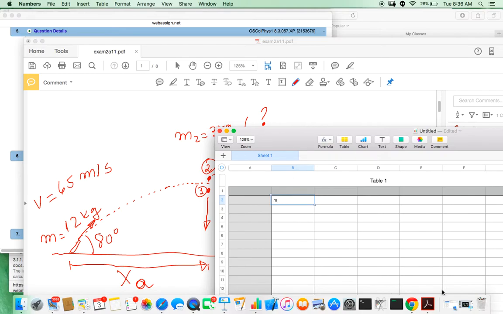Mass of initial mass 12 kilograms, initial velocity 65 meters per second, the angle is 80 degrees. I apologize if I go step by step, but I'm just trying to be as simple as possible. And this is the first part.